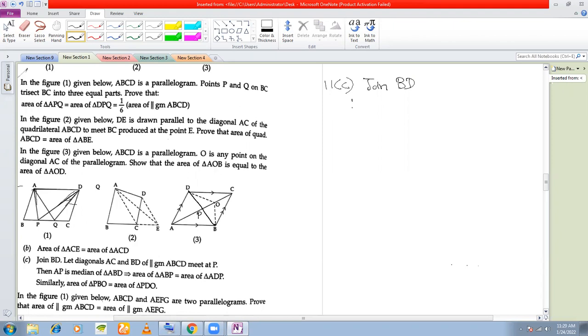Let P be the point of intersection of the diagonals AC and BD.